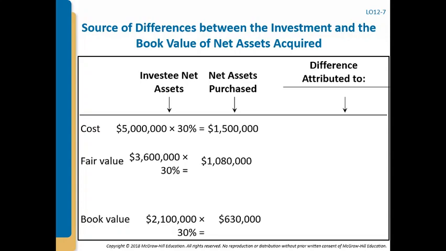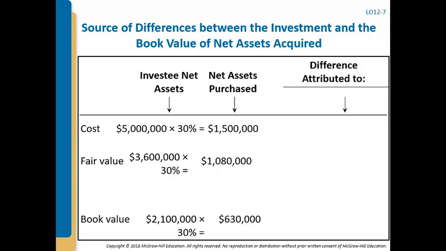That should be fair value. And then down below where it says fair value next to 3.6 million, that should be cost. So they've got those backwards. Anyway, the fair value is 5 million, and you multiply that times the percentage that United purchased, the 30%. So their portion of net assets purchased, the fair value of net assets purchased, is 1.5 million.